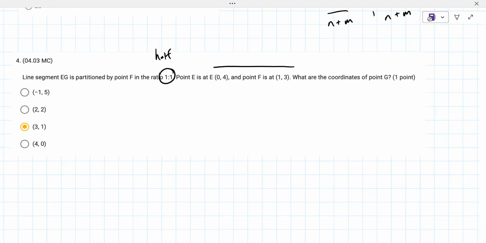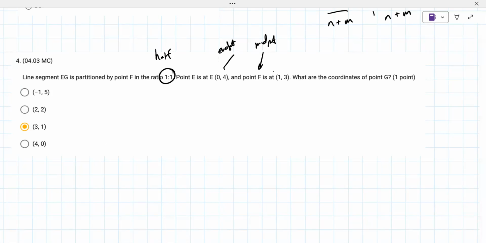So you've got to find the midpoint between these two numbers, which, no, I'm sorry. This is the midpoint. This is the endpoint. So you have to find the other endpoint.